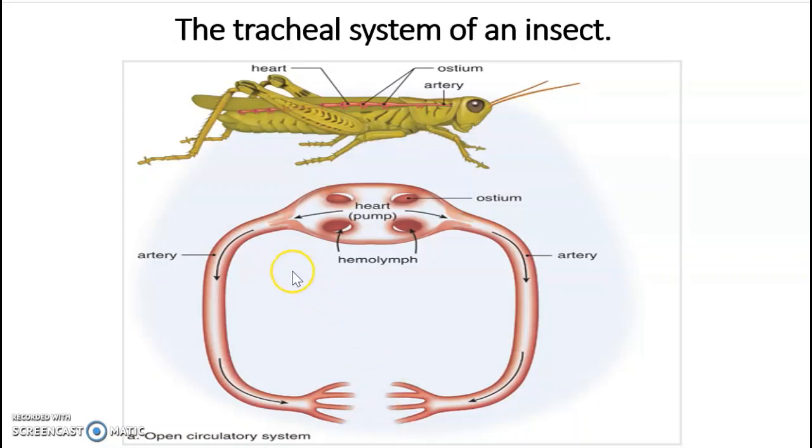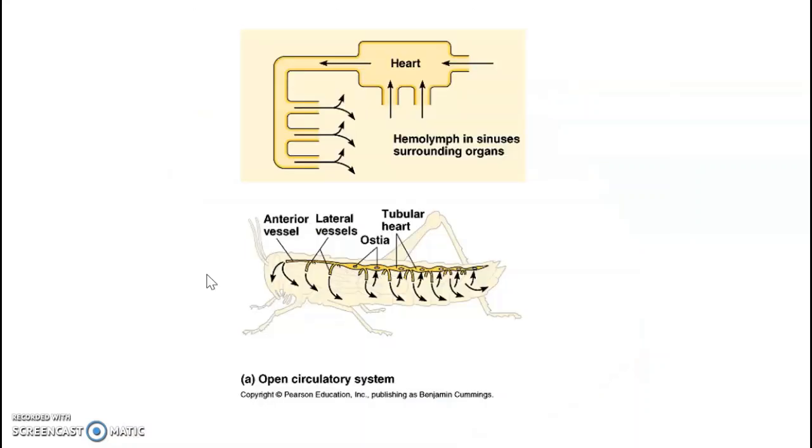Usually, tracheal system penetrates through cuticle, through closable valve called spiracles, and ends near or within the tissue in tiny tubes, which we call the tracheole.